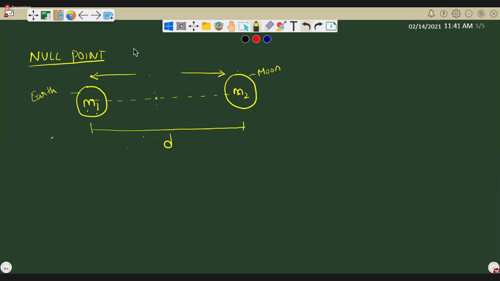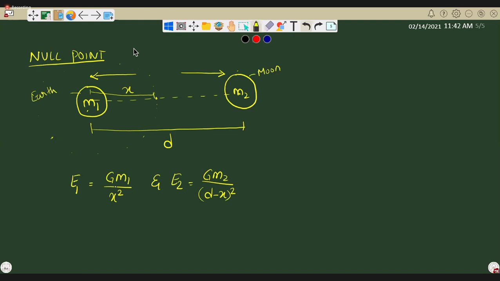Now at this point, I'm going to take this distance as x. So what is your gravitational field strength because of this planet M1 at this place? G M1 divided by x square. Gravitational field strength. And E2, because of your M2 at this position, is G M2 divided by (d minus x) whole square, isn't it?